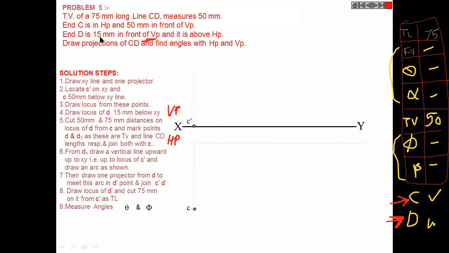It is not 15 mm below, it is 15 mm in front of VP. Whether a point is in front of or behind, we can see only in the horizontal plane, the top view, and how much distance it is in front or behind. Are you getting me? So this becomes the locus of D. Got it or not?